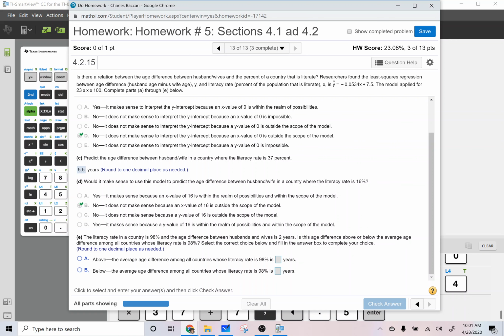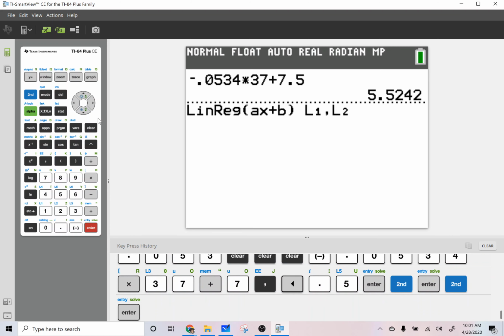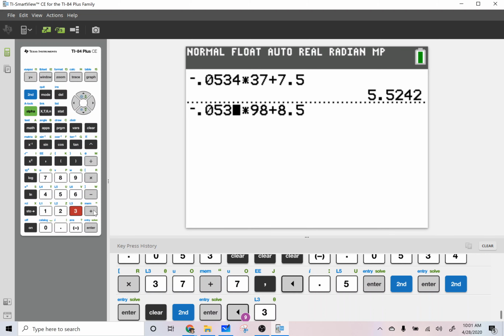If the literacy rate is 98% and the age difference is 2 years, so plug 98 into that. Oh, it was already up there. 98. Plus 7.5.